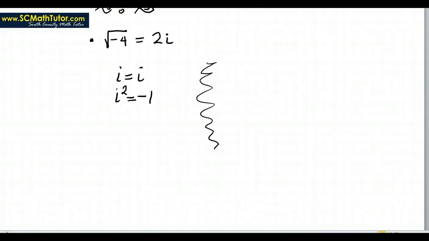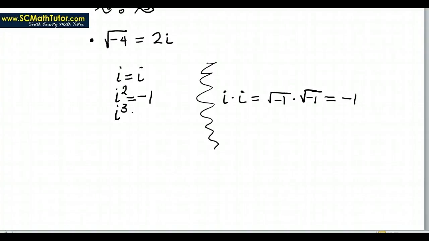Remember, i squared is i times i, which is like saying the square root of negative 1 times the square root of negative 1. And remember, when you multiply two square roots, all that does is take away the radical. So this is negative 1. So that's how you derive it. So i squared is negative 1.